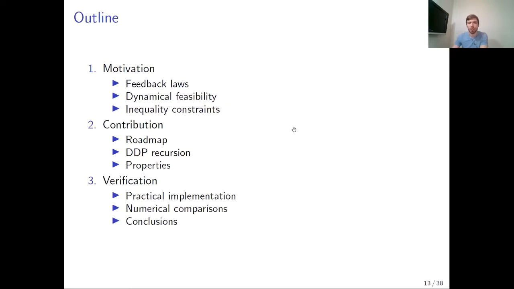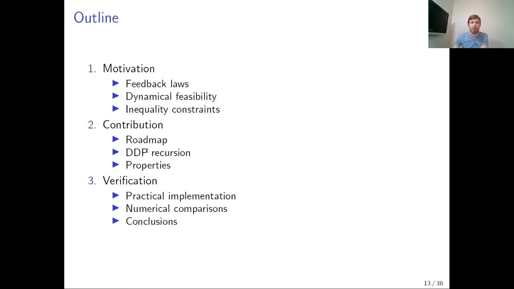So, the outline for the talk. We will start with the motivations, where we discuss why we want to compute not just an open loop trajectory as a solution, but also to provide a feedback law. We also want to maintain dynamical feasibility, and we want to satisfy inequality constraints, as was stated right in the beginning of the talk. Then the section dedicated to contribution, where we will consider a roadmap to the contribution.